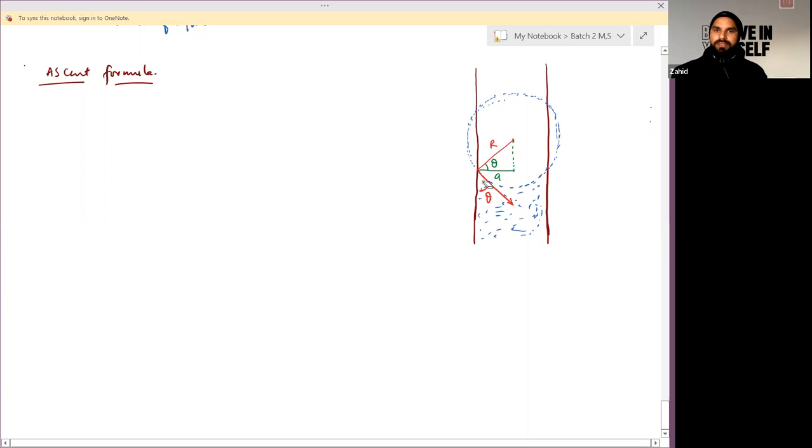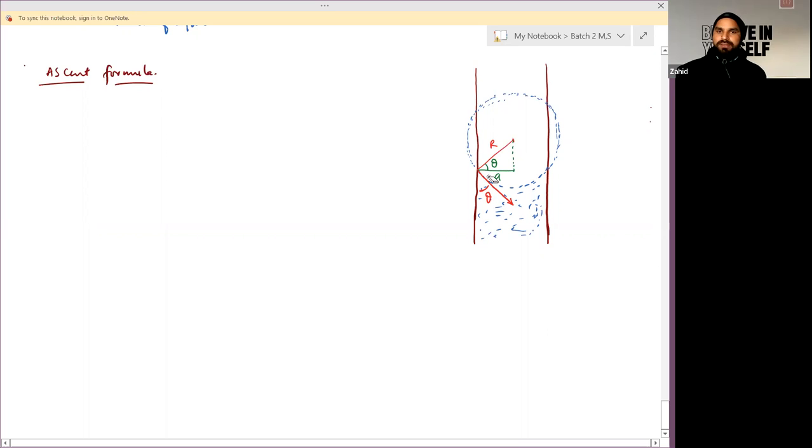Initially, liquid was up to this point. I've just extended that particular curve to form a complete sphere so that we can assume this is a small part of a complete spherical bubble or drop, which has radius capital R, and this tube has radius a. If you draw a tangent to the interface of these two different media, the angle of contact at this point will be theta.